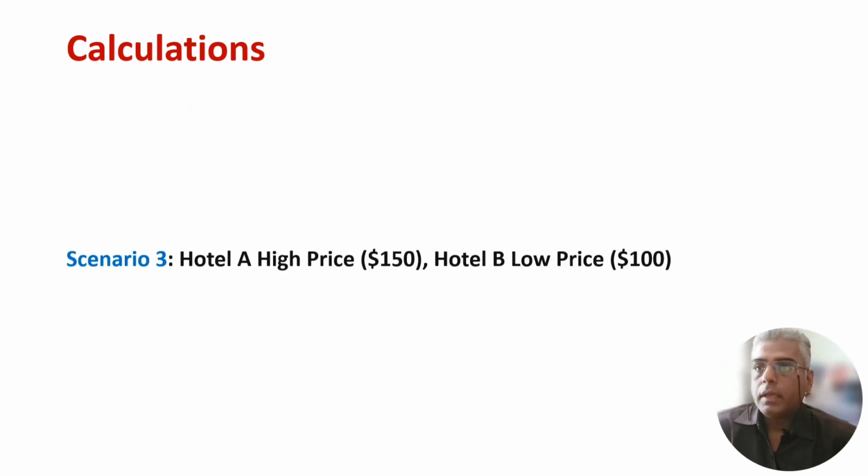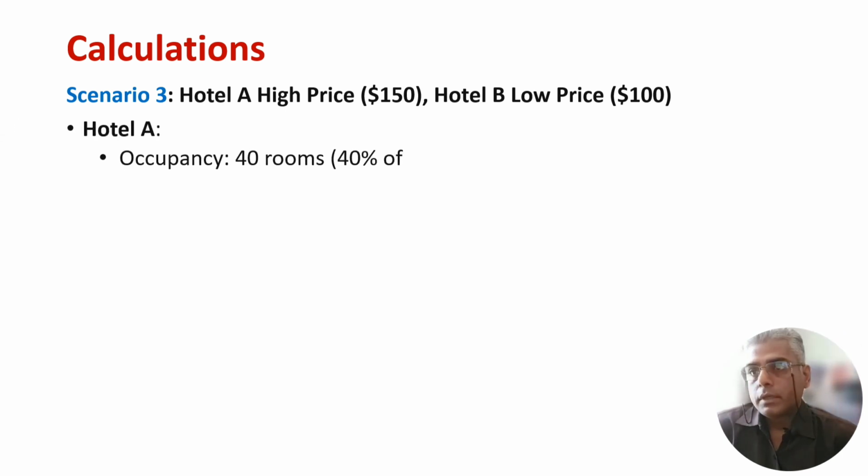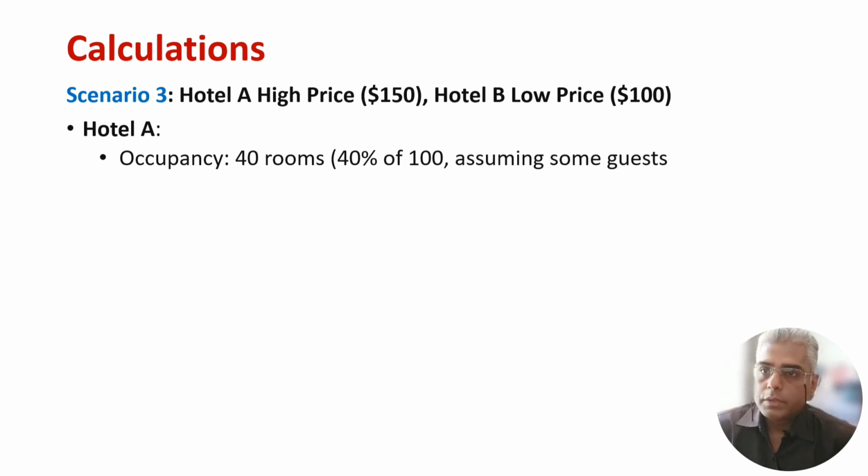Okay, so there is another scenario wherein hotel A would price itself higher at $150, whereas hotel B in this case now prices itself at $100. Hotel A's occupancy would be 40%, assuming that some of the guests will prefer the cheaper option.